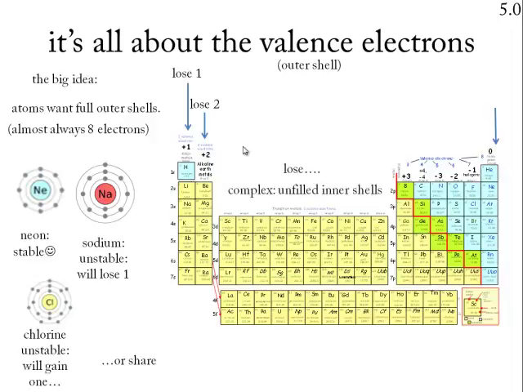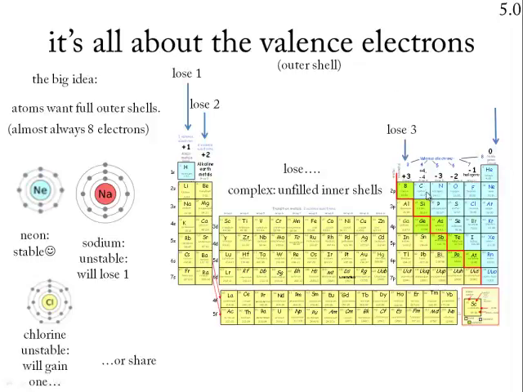Anyhow, this middle group is more complex. It's true they'll all have 2 valence electrons, they'll all lose electrons, but it's more complex because they have unfilled inner shells. For now, just assume that these guys will lose electrons. A little simpler here, at least up on top for these group 3s that start with boron. They'll lose 3 electrons.